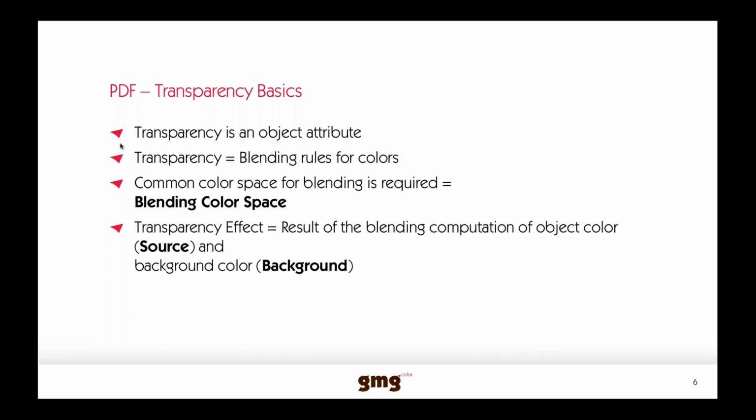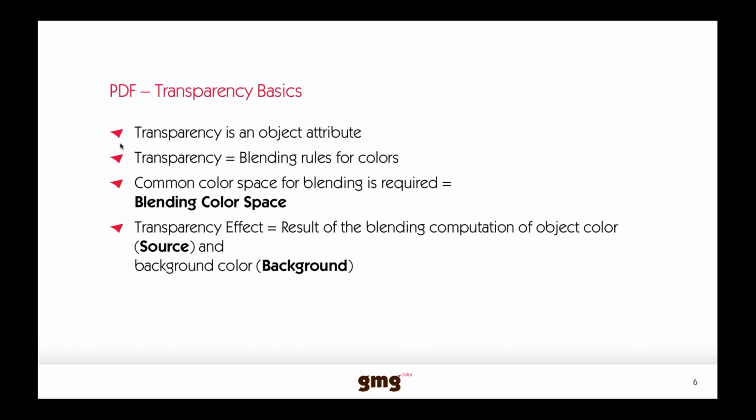And every transparency needs a blending rule for colors. A common color space is required for blending. So if you want to calculate the PDF, or you want to process the PDF afterwards, you need this blending color space.